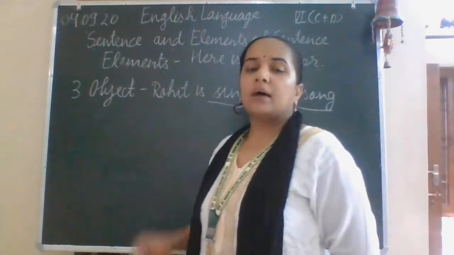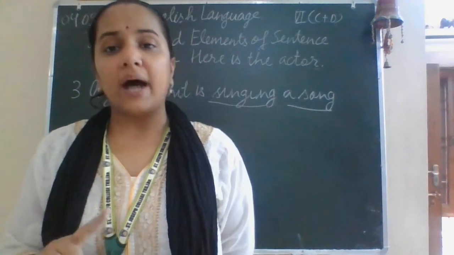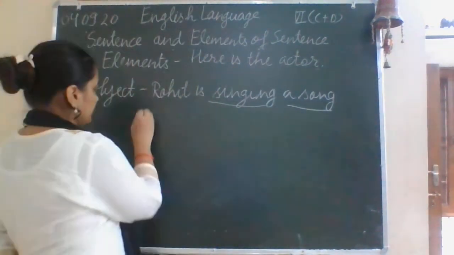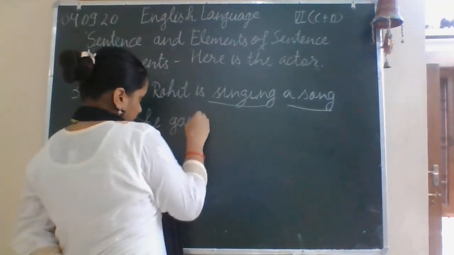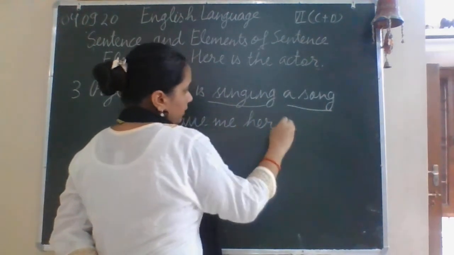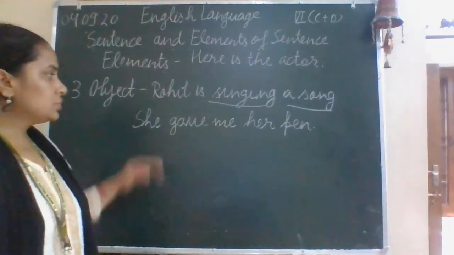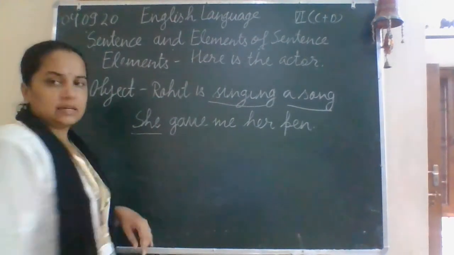Now there are some sentences in which you have more than one object. For example, she gave me her pen. She gave me her pen. Understand, this is the subject.